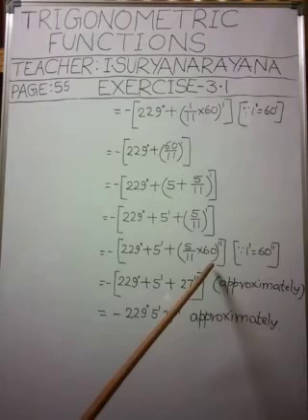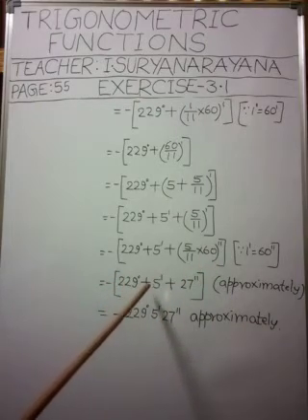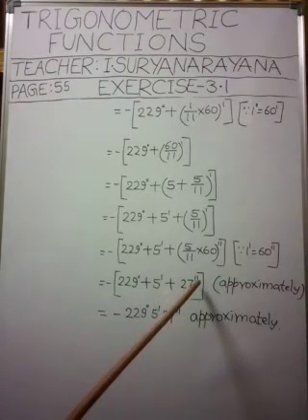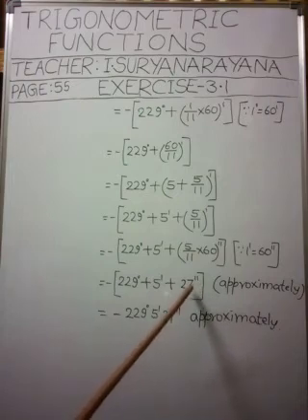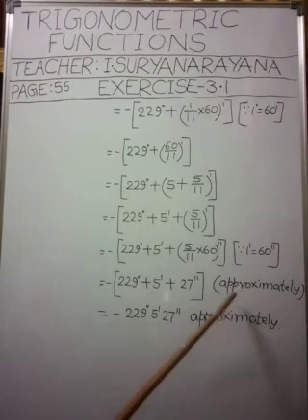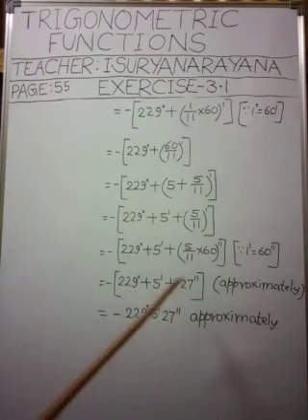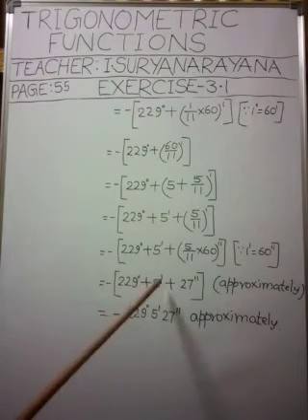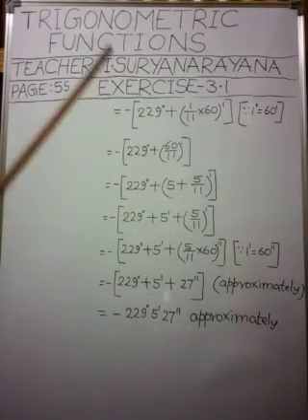That is equal to minus of 229 degrees plus 5 minutes plus 27 seconds approximately, because we are not writing decimal points here. That is why we have taken an approximate value. That is equal to minus 229 degrees, 5 minutes, 27 seconds approximately.